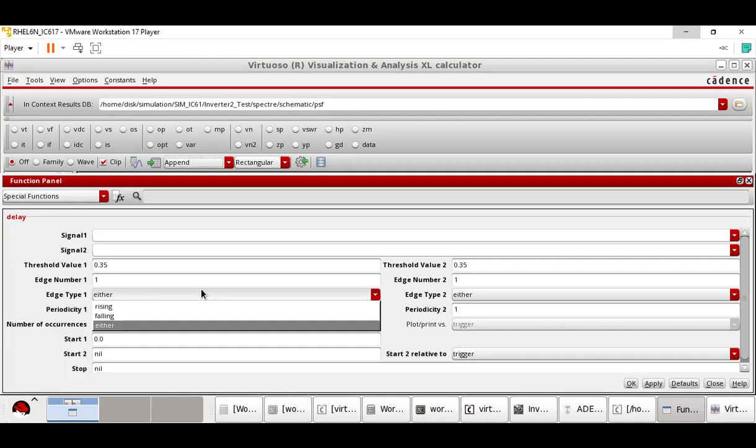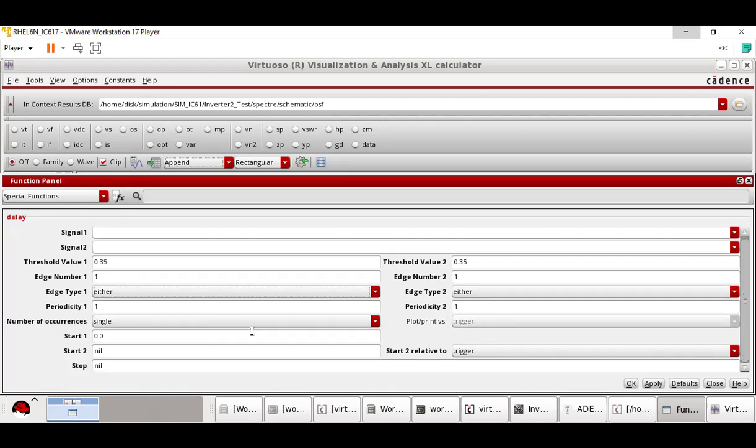And when you use either, it takes the maximum of both. Whatever is maximum, it takes. I will give you an example of all three so that you can use it effectively. First, I will use either this side also. Number of occurrences, single, and the rest you have nothing to do.